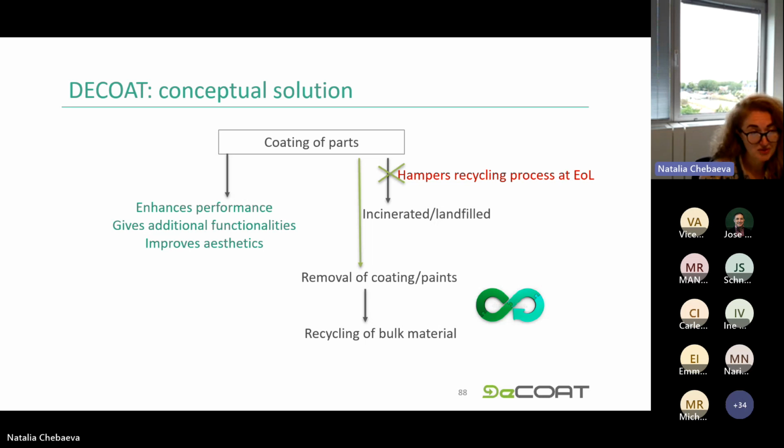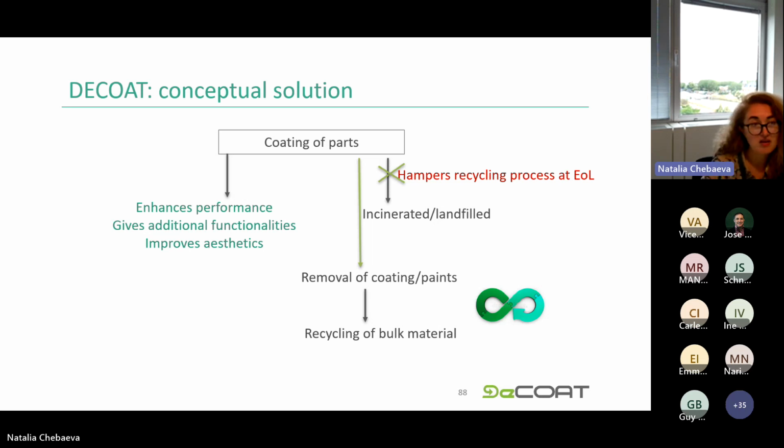Thank you very much to my colleagues who already explained in great detail the solutions that were in consideration. But basically, to put it in very simple words, what is happening is that while coating of the parts of plastics enhances the performance and helps to achieve the quality and functionality that the parts need, they hamper recycling processes at the end of life.